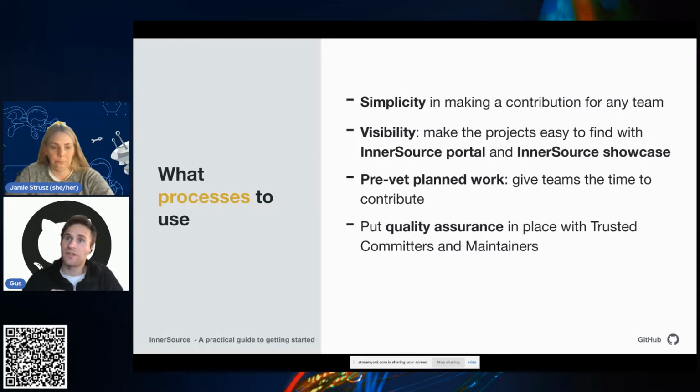Having lots of hoops to jump through is not where you want to go. So that's the first thing. How easy can you make it? Have you got the documentation in place to make it easy for people to contribute, keeping those barriers to entry nice and low? The second thing is visibility.